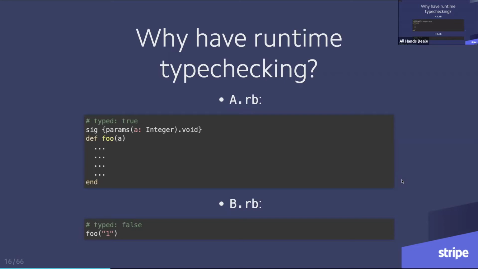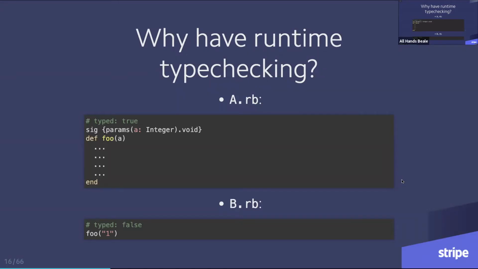So the untyped file misuses the function foo. Now the question is, if you were to not do this checking in runtime and you were to check statically, because there is no way for you to check B, because you're explicitly not checking B, it means that foo in runtime will do something weird. It expected A to be an integer. It's a string. Weird things will start to happen.